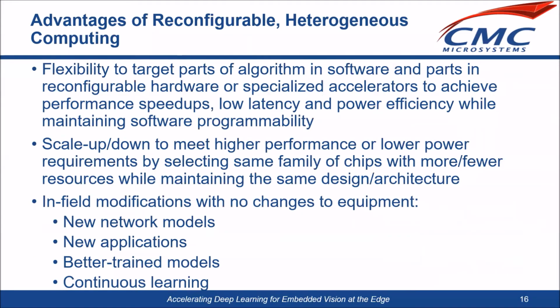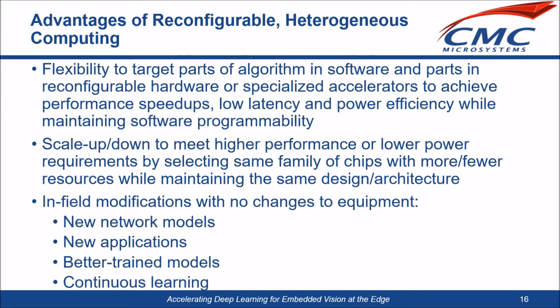Some of the advantages of reconfigurable and heterogeneous computing: these systems offer flexibility to target parts of the algorithm in software and parts in reconfigurable hardware or specialized accelerators to achieve performance speedups, lower latency, and power efficiency while maintaining software programmability. These also allow designers to scale up or scale down to meet higher performance or lower power requirements by selecting components from the same family of chips, which may have more or fewer resources while maintaining the same design flow and architecture.